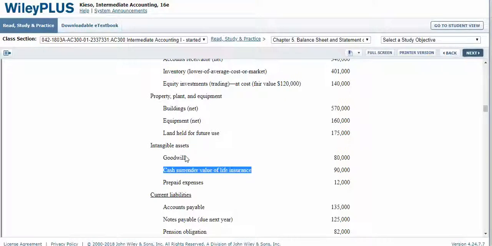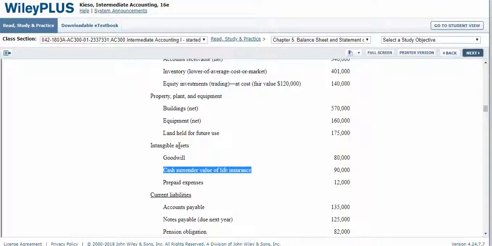Well, let's talk about that now. An intangible asset would be an asset that we have that's got value but no physical presence. So intangible assets are stuff like copyrights or trademarks.